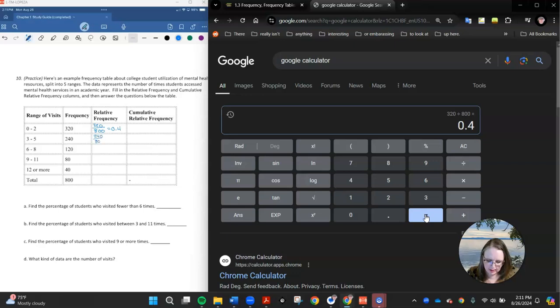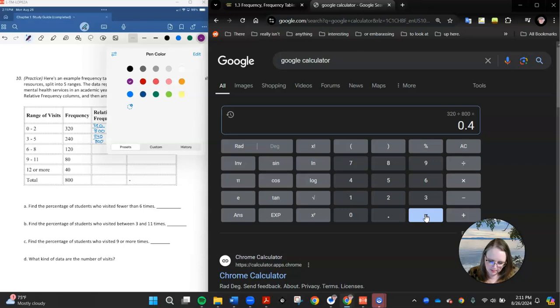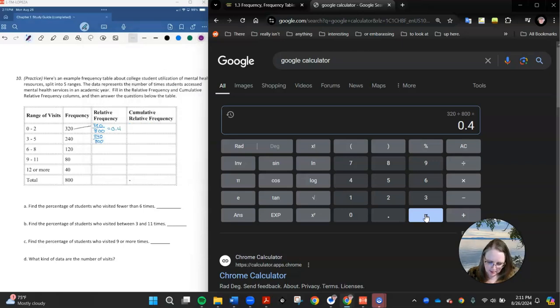240 over 800. And so let's do some arrows here. The number will go on top in the fraction, and the total will go in the bottom. I'll do that with a highlighter.